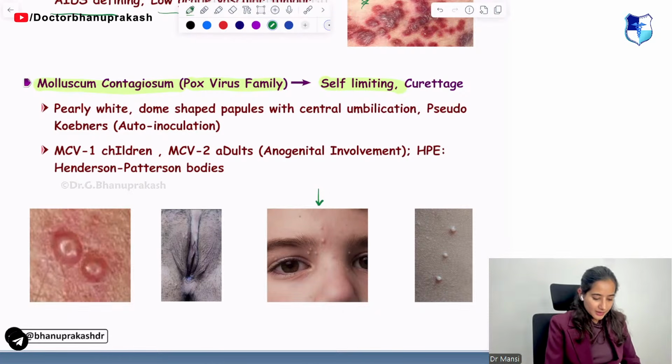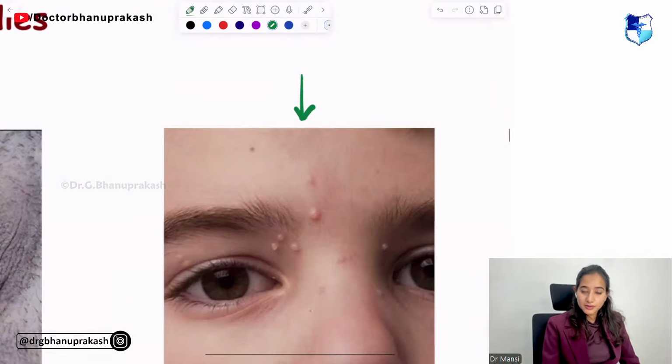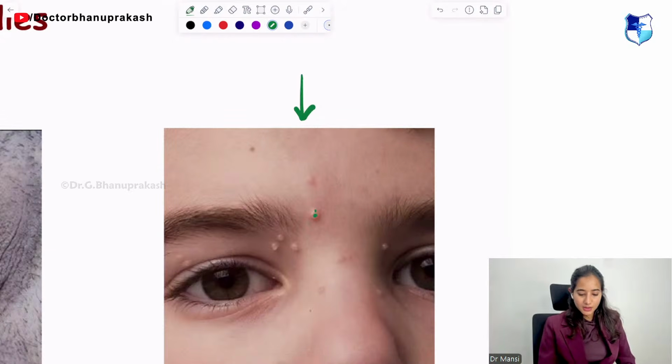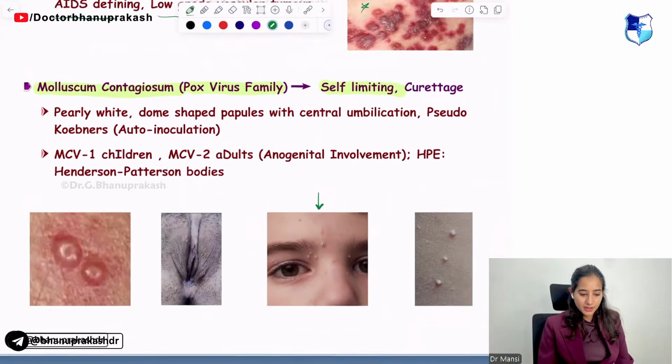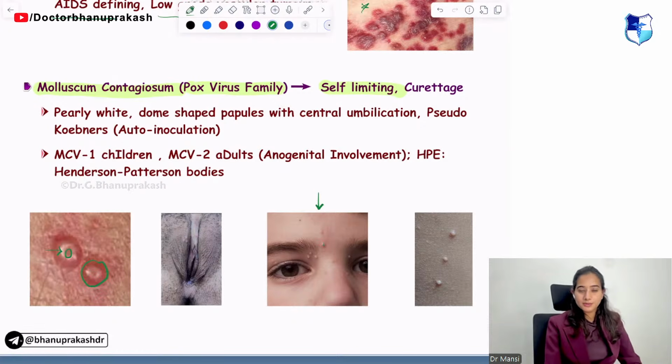You can see a dome-shaped appearance with a central umbilication, and it appears pearly white. So the color is pearly white, there is a central umbilication or depression, and the shape of the papules is dome-shaped. Fine.